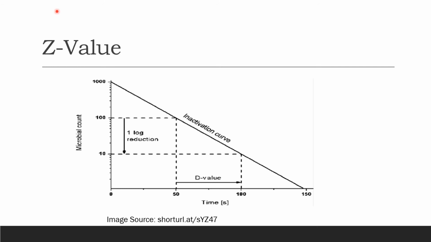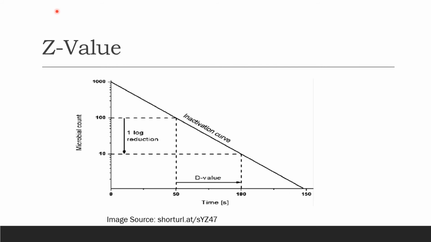So overall, the Z value and D value are important terms in the determination of sterility assurance, where the D value is appropriate to the process.